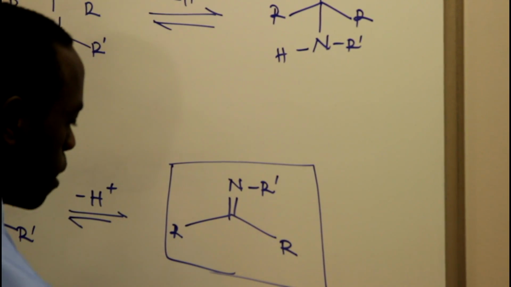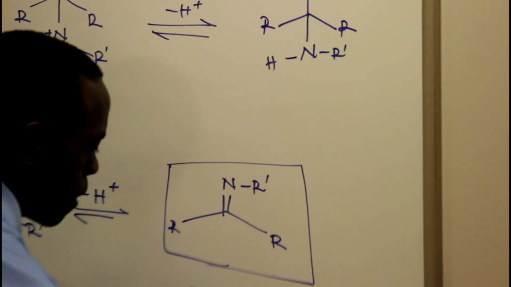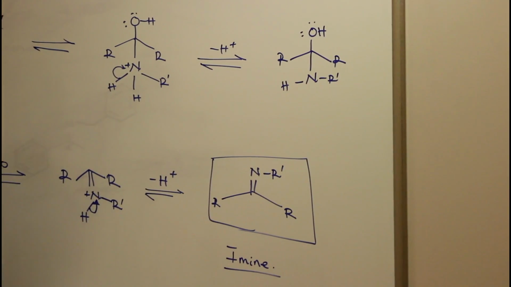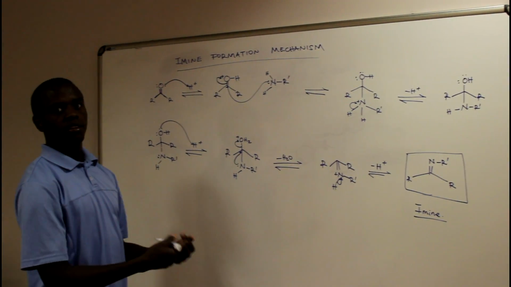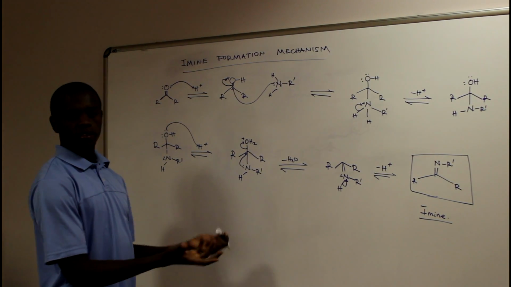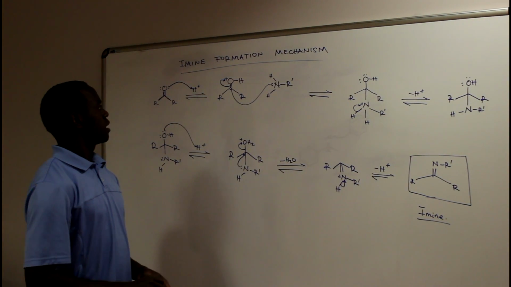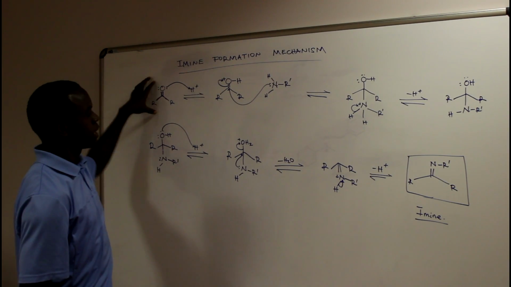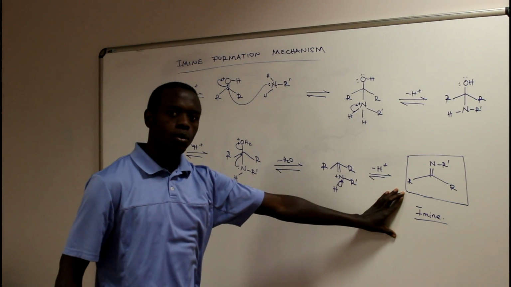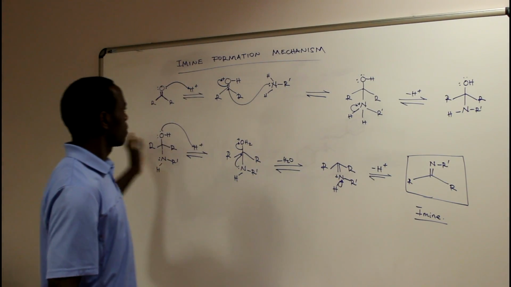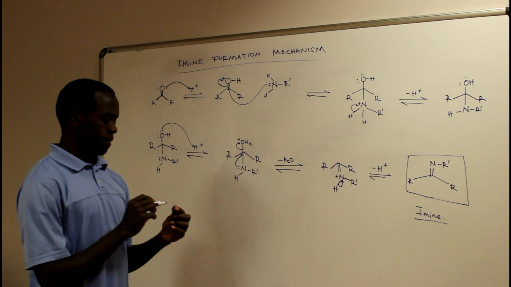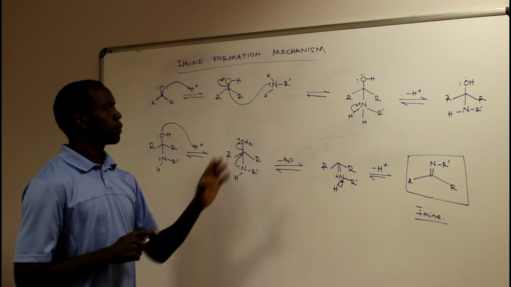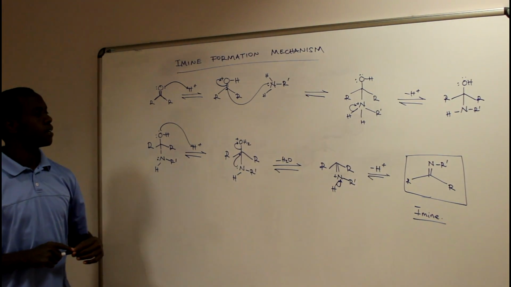This is our imine. The steps are basically repeated, and they're quite simple and direct. From the beginning with the aldehyde to the formation of our desired product, the imine, we have a total of about 7 steps. That is practically how we're able to form the imines from aldehydes and ketones.